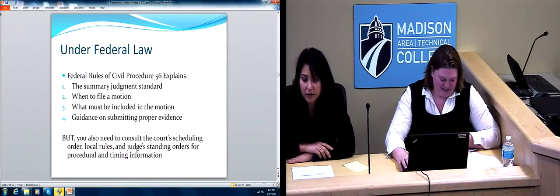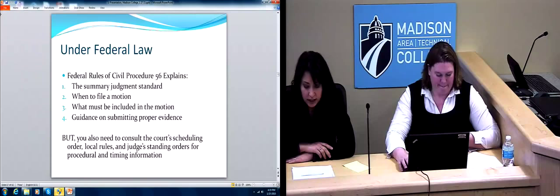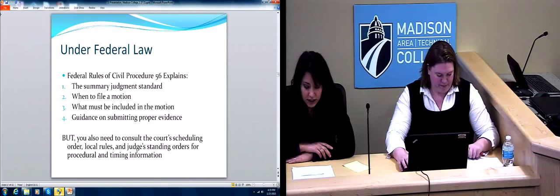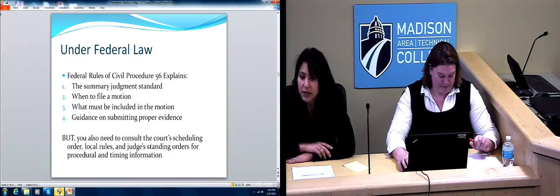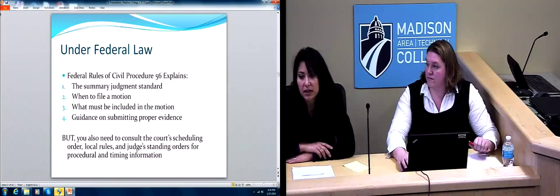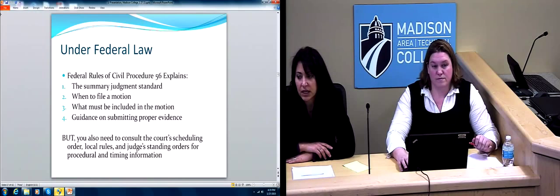Under federal law, the Federal Rules of Civil Procedure tell you what the summary judgment standard is. They tell you when to file a motion, what must be included in the motion, and they give you guidance on submitting proper evidence. Again, it's critical to review those basic rules every time you go into summary judgment, to make sure that you are doing and filing what you're supposed to.